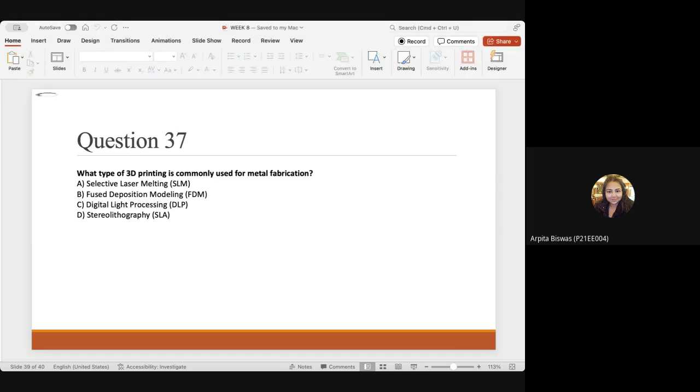So next we move to question number 38. So this is the last question. Which of the following is a key advantage of 3D printing in manufacturing? First is customization and complex geometries. Second option is higher material waste. And option C is increased production time. And option D is limited material choices.